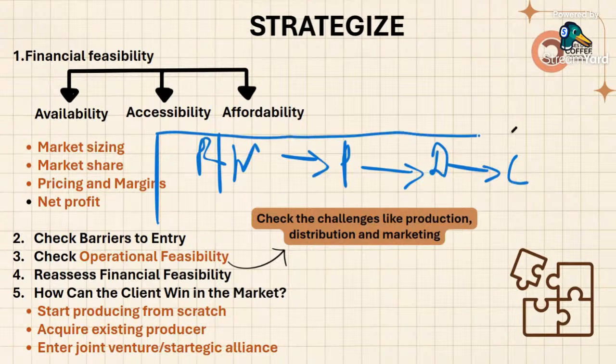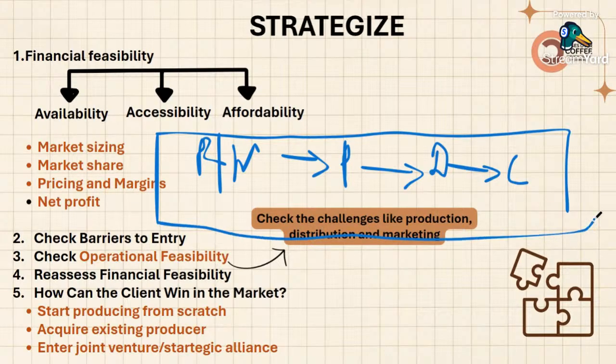We need to check whether these are financially and operationally feasible or not. For example, let's say we have 80,000 raw material, and 72,000 goes to the production. Out of 72,000, we have 60,000, and then we have 10,000.